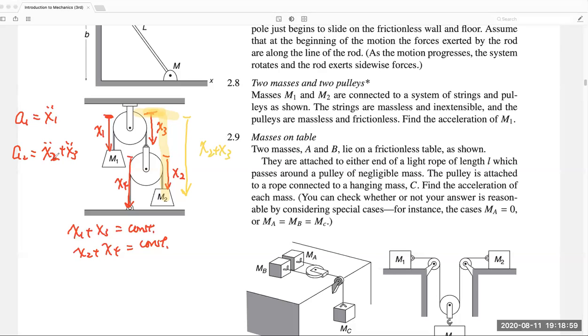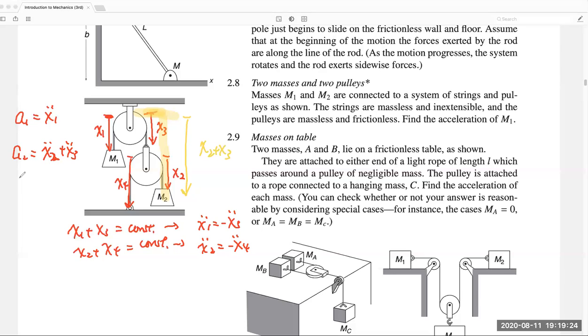And then you need to relate these variables together. So what you can do, you differentiate these two equations. Then right now you have the relation between x1 and x3.